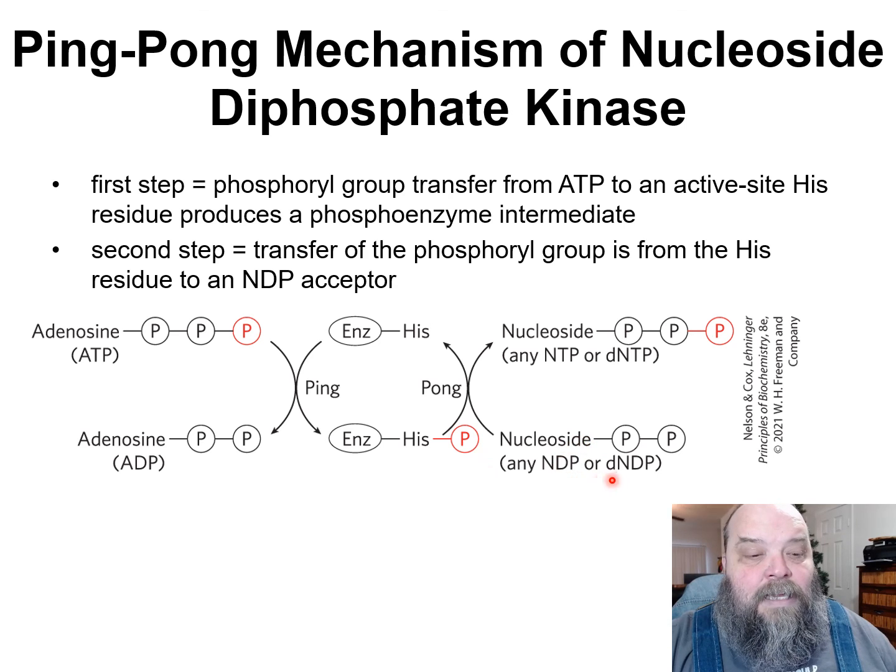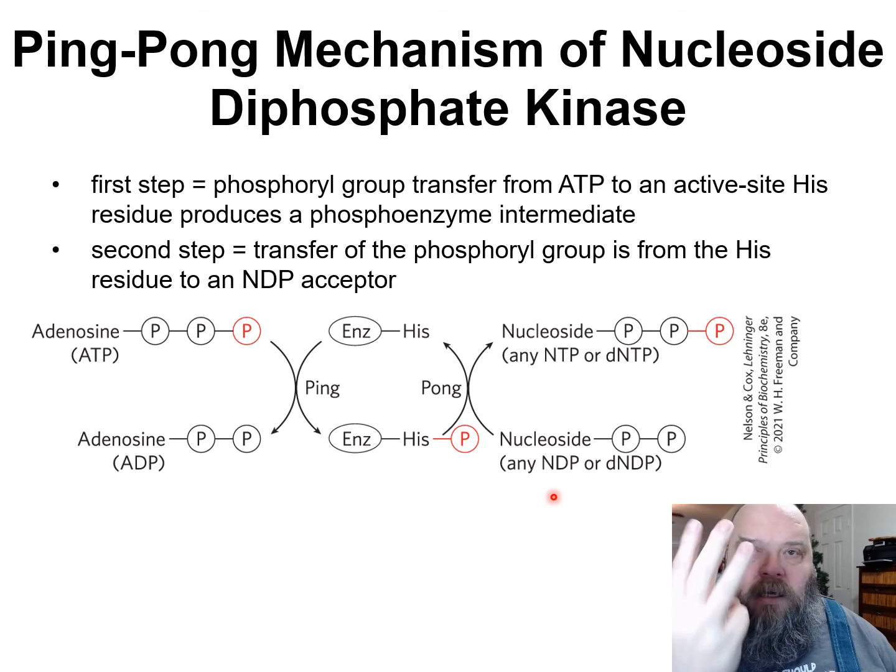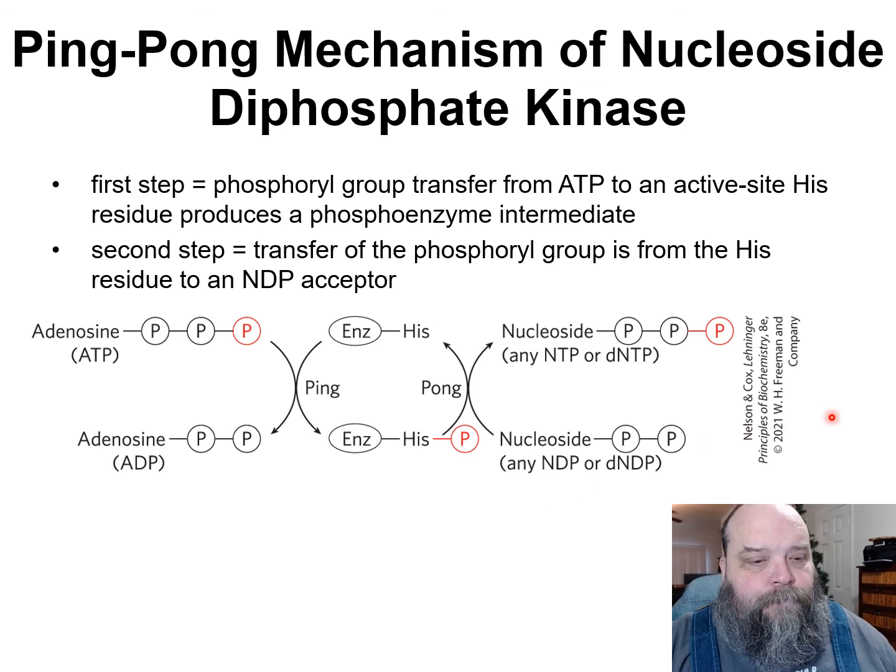Here they say NDP, N being any diphosphate that's not A: C, T, U, G.